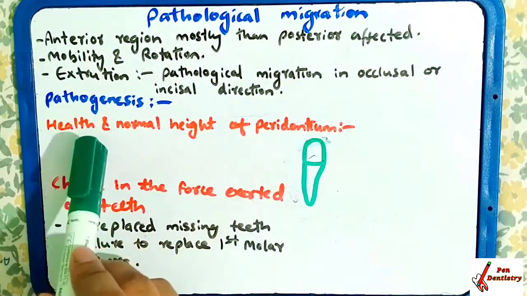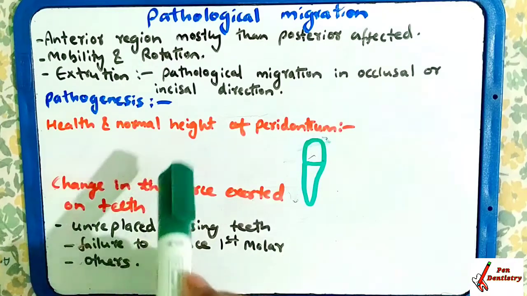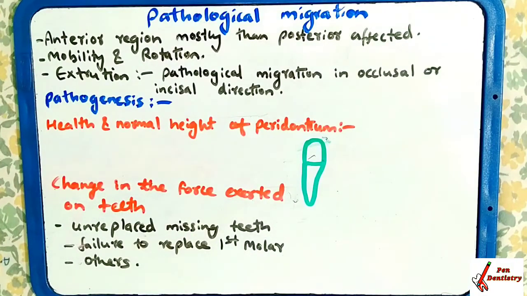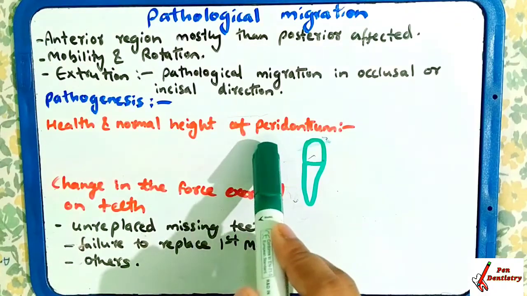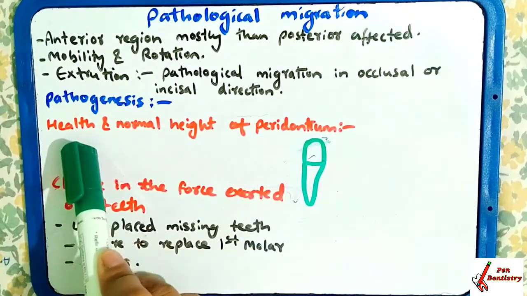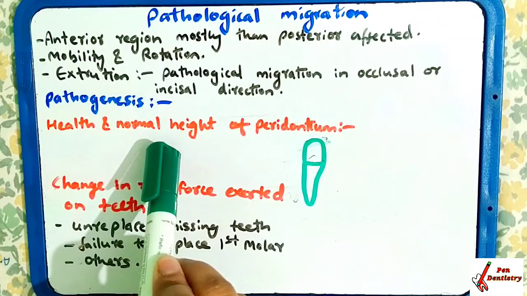When the supporting structures, the health and normal height of the periodontium, are good enough, they will resist the pathological migration. If there is an injury due to pathological diseases, the migration will occur. If the tooth is healthy and of normal height, the migration will not take place.